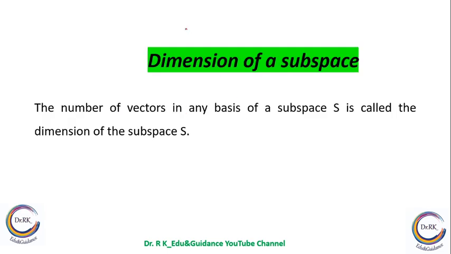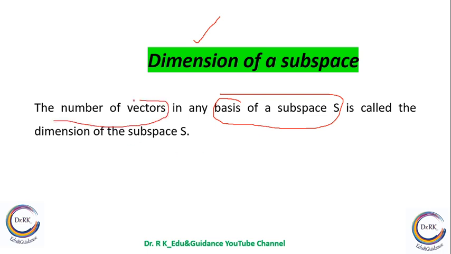Another one is dimension. Once we have a basis of a subspace, consisting of linearly independent vectors that span it, the number of vectors in the basis is called the dimension.